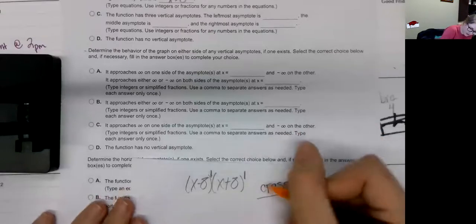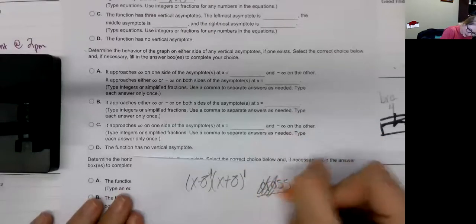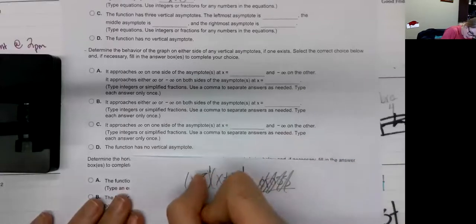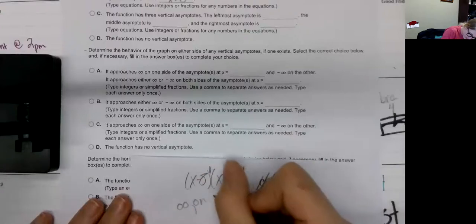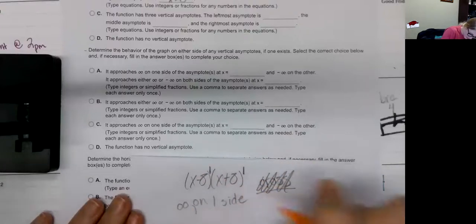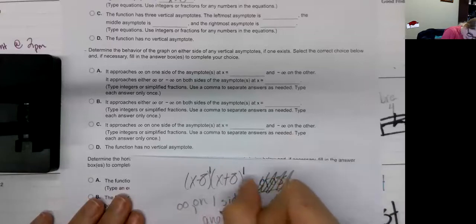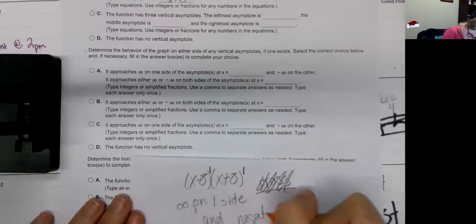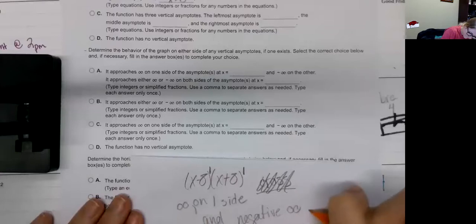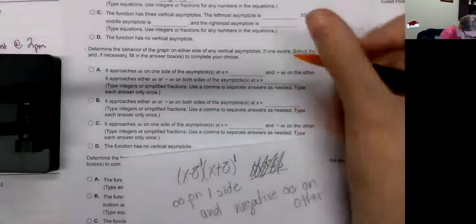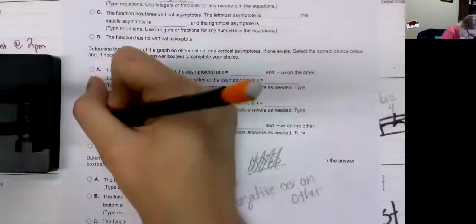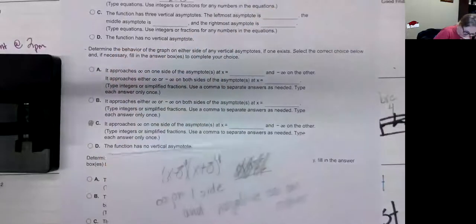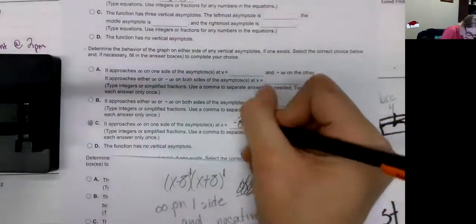So it's going to approach infinity on one side and negative infinity on the other. It approaches infinity on one side of that, negative infinity on the other. So at -8 and 8.